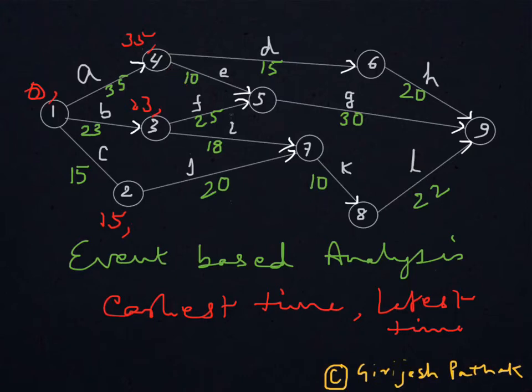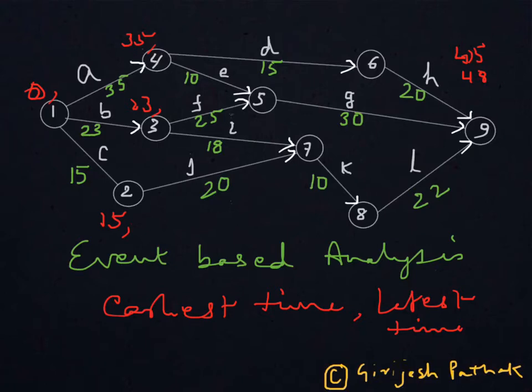You require another 10 days for E to be done. So 35 plus 10 becomes 45. For F, it starts at 23, takes 25 days, so 23 plus 25, it will need 48.